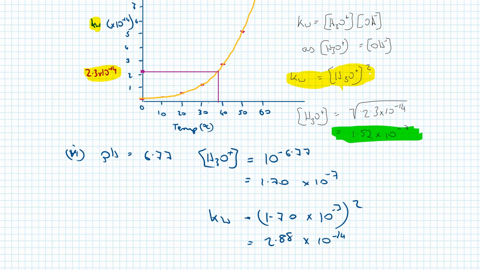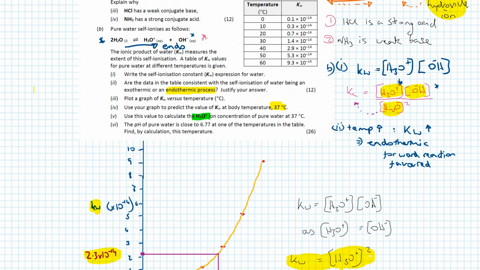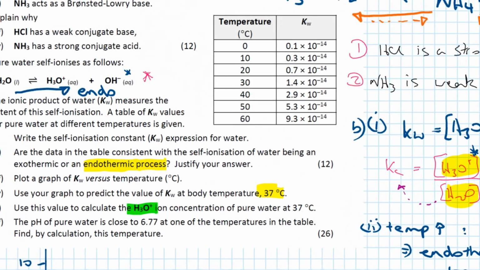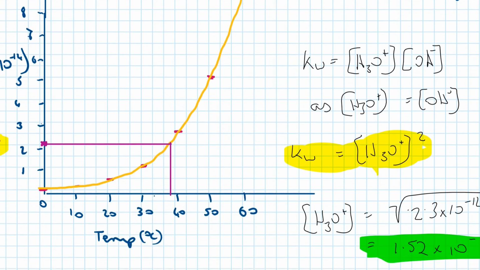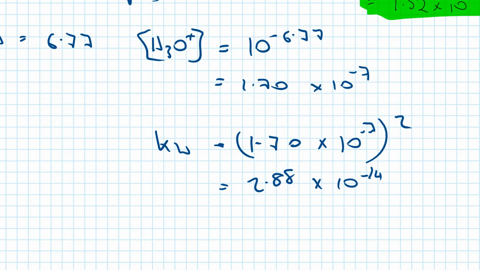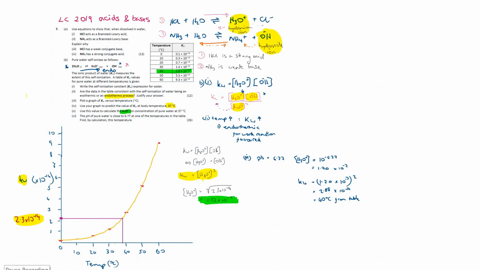So we're looking for a 2.88 in the table. That temperature then is obviously close to this one, which is 40 degrees Celsius. And that's that question done. For the graph, what's important is you plot the points accurately, your scale, your units, and you label the graph.